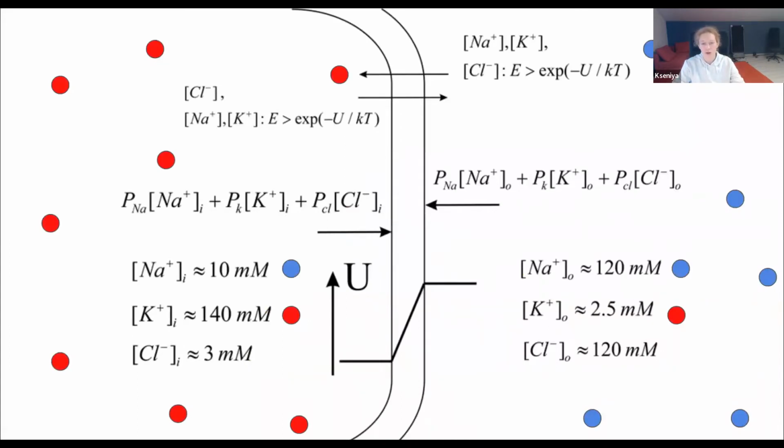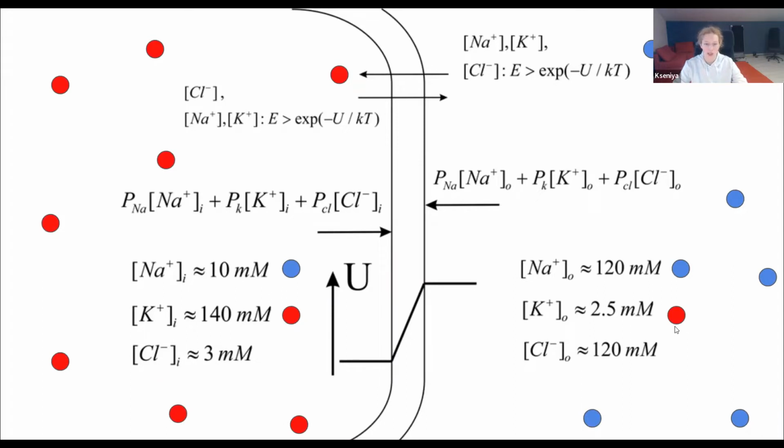On this picture, there is potassium and sodium inside and outside the cell. Let's designate sodium with blue circles and potassium as red circles.